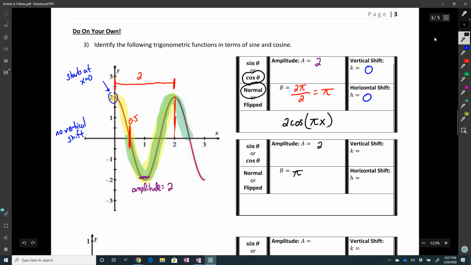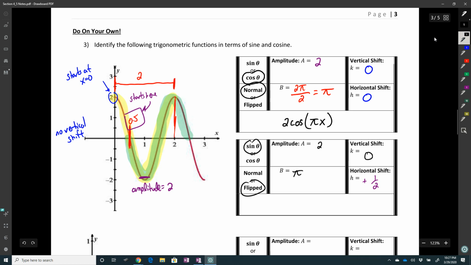The period stays the same. This is an upside down sine wave. The x-axis still goes right through the middle, so no vertical shift. But now we're starting at 0.5 instead of starting at 0. And so because of that, the horizontal shift is plus 1/2.